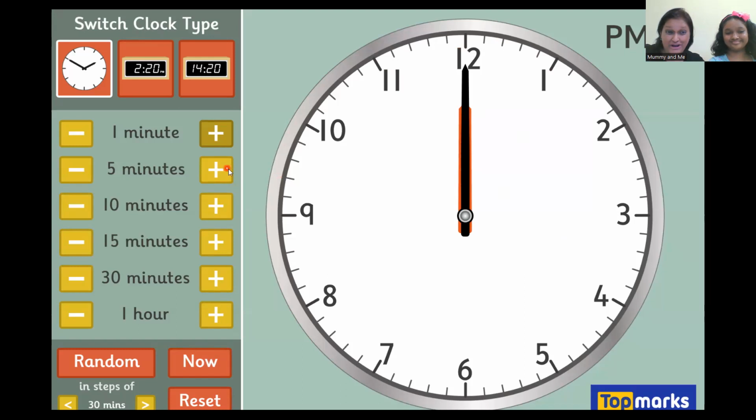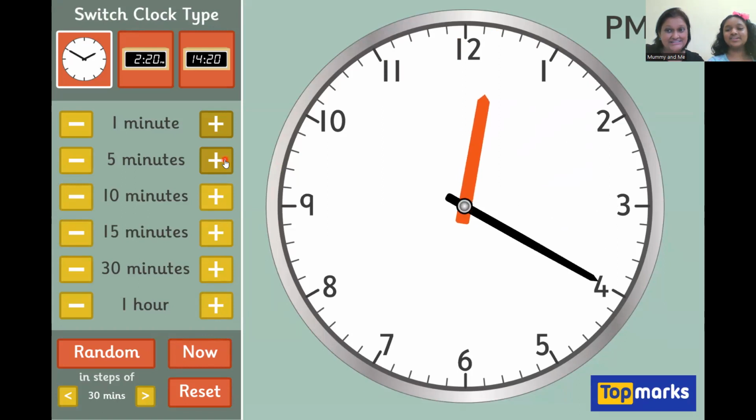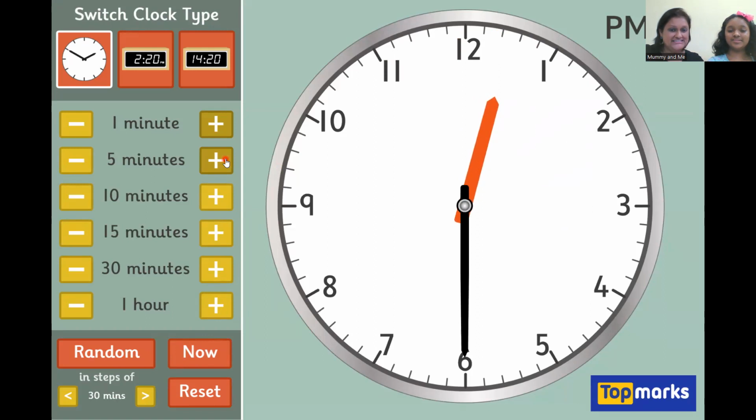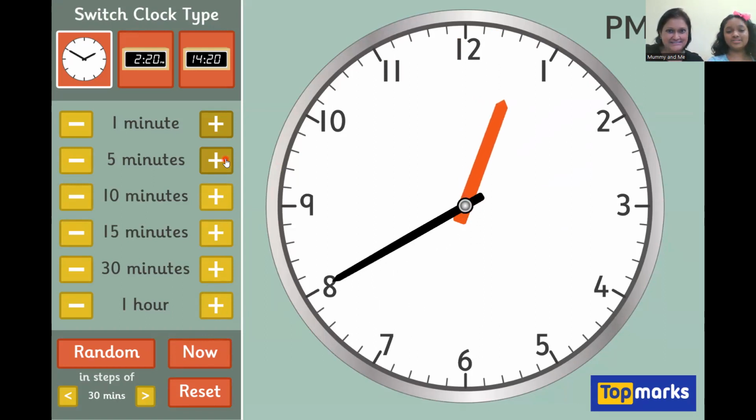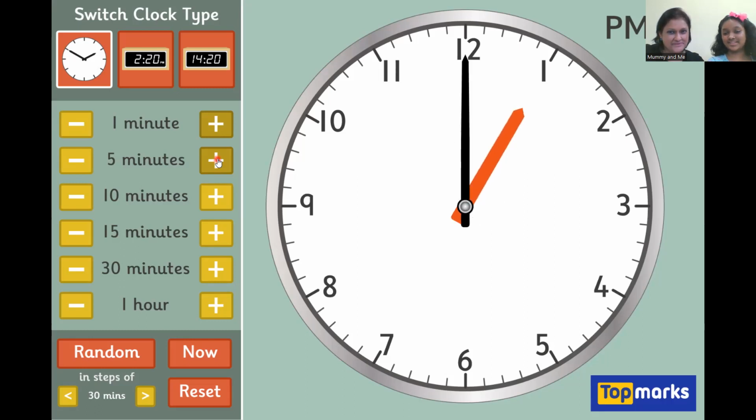So let's have a look at 1 hour. 5 minutes, 10 minutes, 15 minutes, 20 minutes, 25 minutes, 30 minutes, 35 minutes, 40 minutes, 45 minutes, 50 minutes, 55 minutes, and 60 minutes. So 1 hour equals 60 minutes.